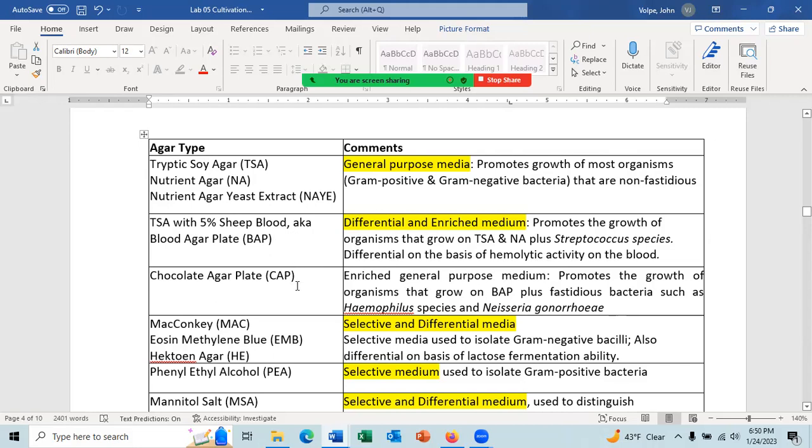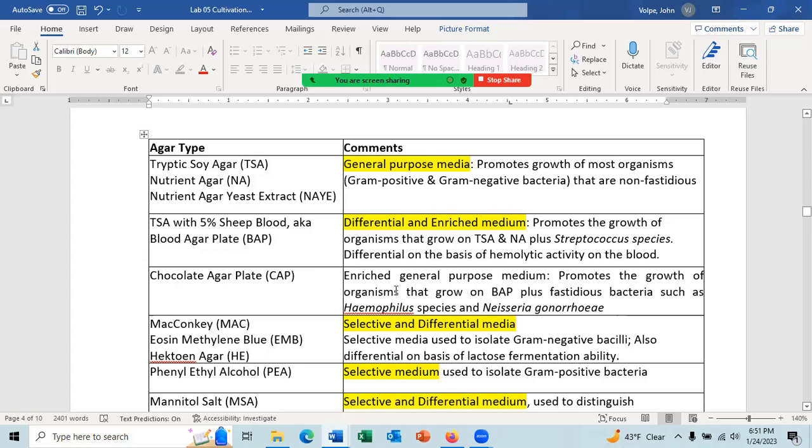Another enriched media is chocolate agar. It's the same as blood agar, except the blood is added when the agar is fresh out of the autoclave, meaning the agar is still really hot. And that lyses the blood, so it no longer looks red, it looks brown. And that reminded someone of chocolate, and that's why it's called chocolate agar. So it's an enriched media.